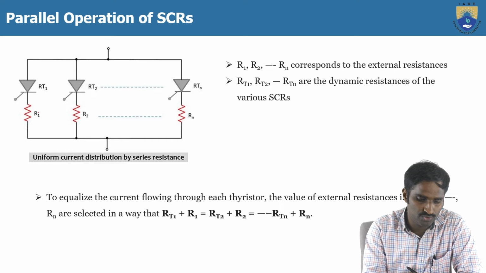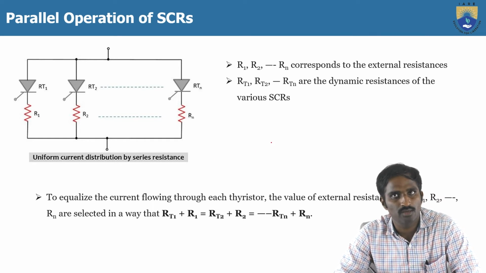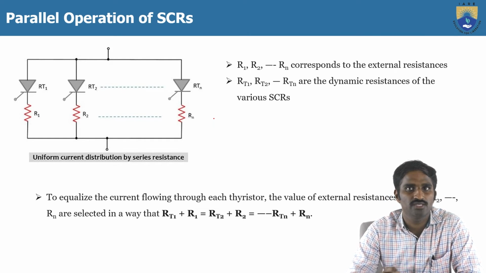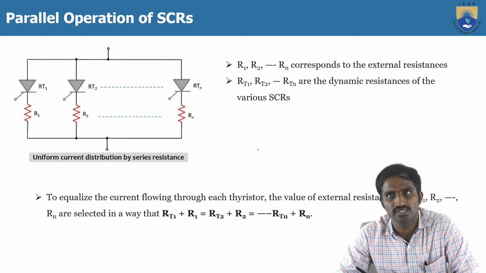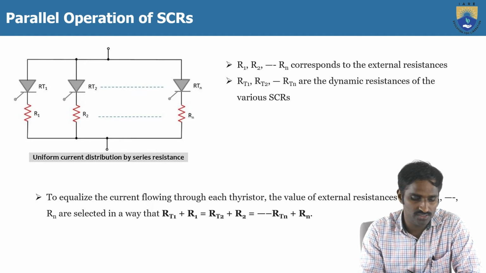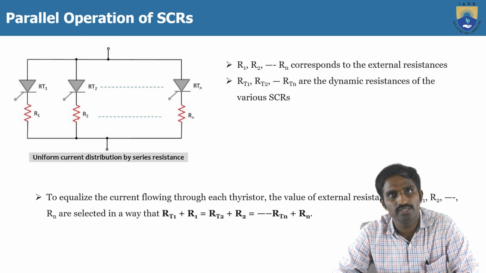Then how do we choose the R1, R2, up to Rn values? RT1, RT2 are almost constant for a particular device. So R1, R2, Rn are the resistances that we connect in series with each thyristor.